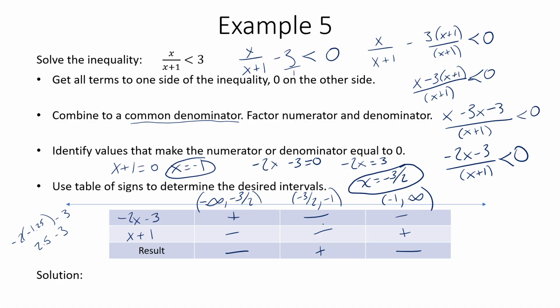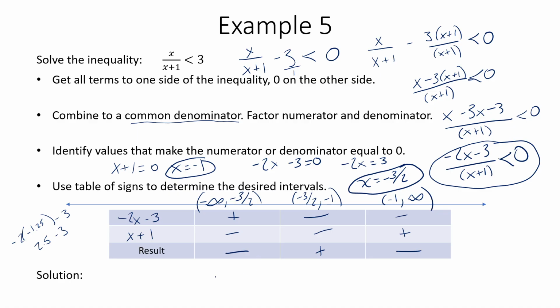Now, here's what I want to ask myself. Okay, now we want this. If we look at the final form that we found here, what makes this scenario less than 0? Okay, now we want it less than 0, which means we want it negative.